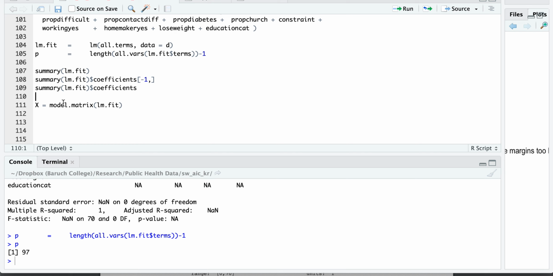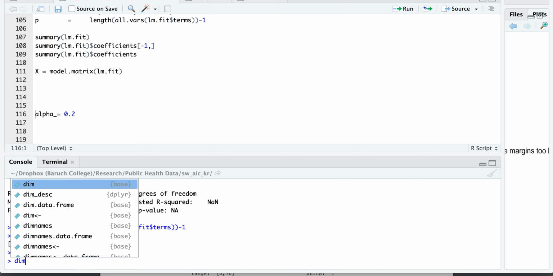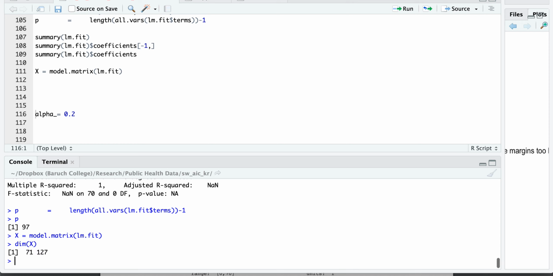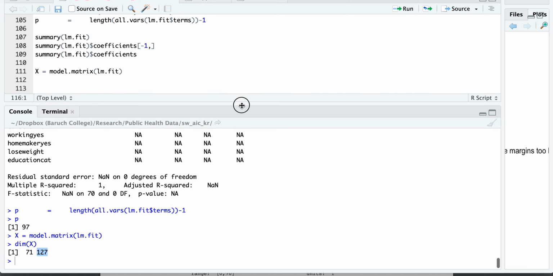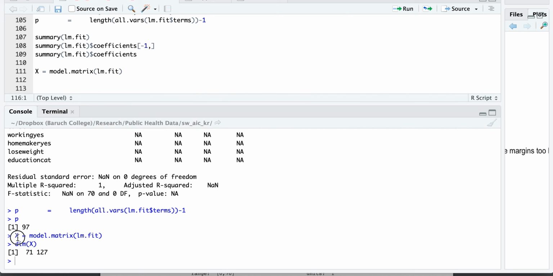And let's just look at this X matrix. Now we can look at the dimensions, and yes, you see now that we have 71 observations, 127 columns, and this model matrix is just X. This model matrix turns categorical variables into multiple columns.